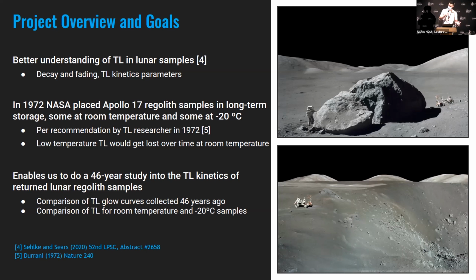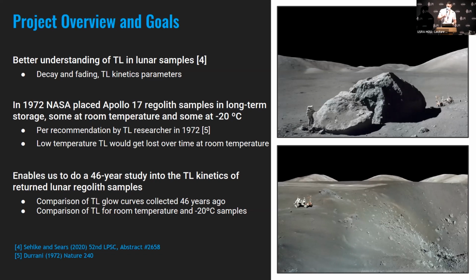The reference we're quoting on how to do this was developed, basically the theory was developed, in the 1950s. By the time Apollo 17 was approaching, there were some studies done on TL on the previous Apollo missions. What it crystallized down to is that it would be wise to put samples into the freezer, because the argument was you would lose the TL, or a great deal of information, if you kept those samples at room temperature in curation.